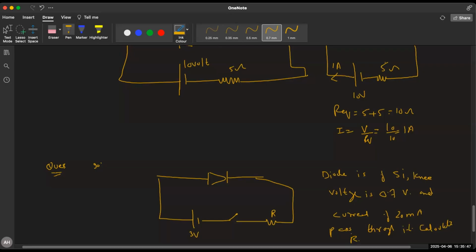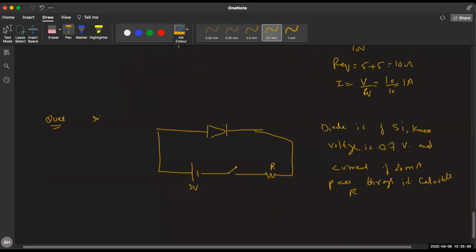So for these types of questions, what one can do is just short circuit this battery. Close the battery first. Knee voltage is given. That means voltage across the diode is 0.7 volt. So Meera, can you tell me what is the voltage across this resistor?